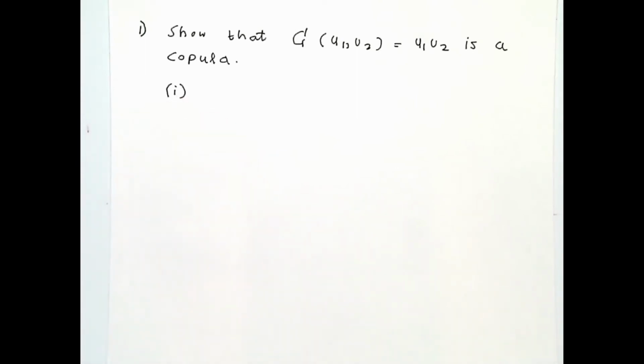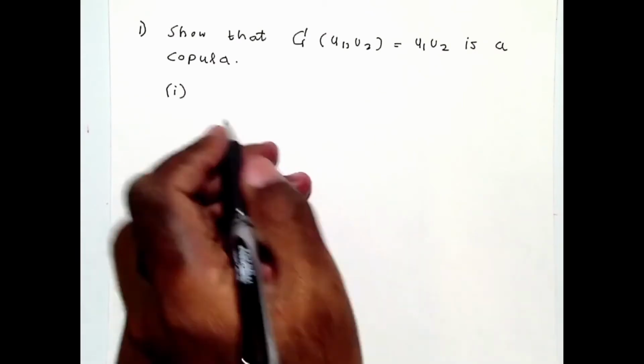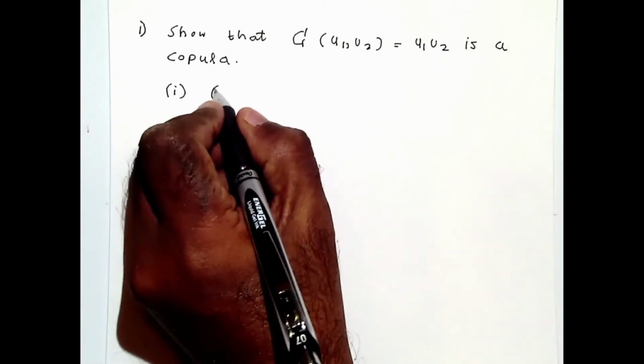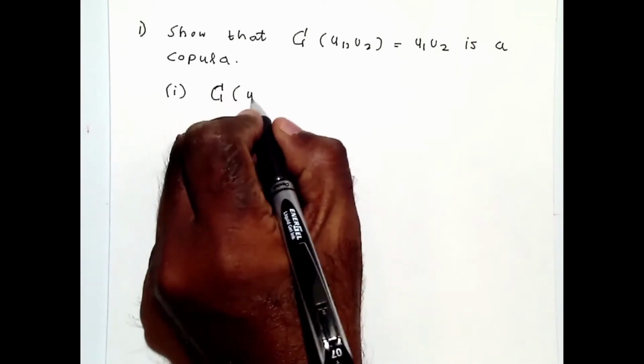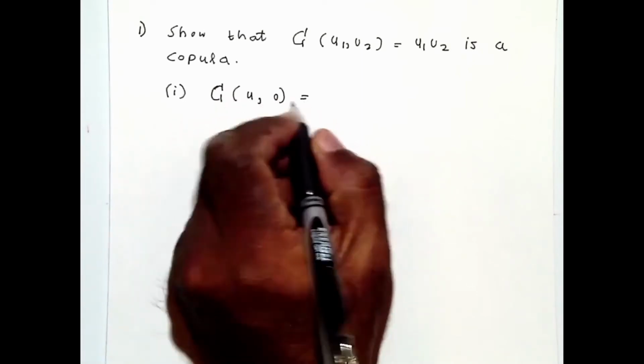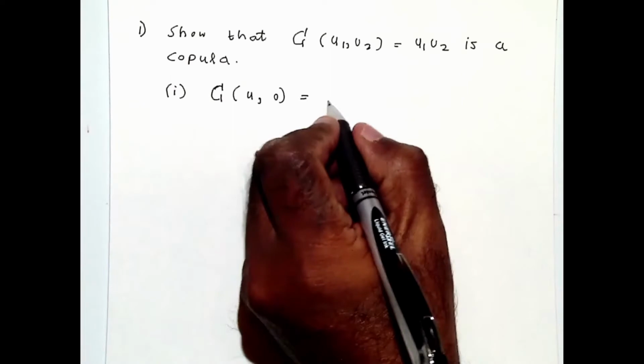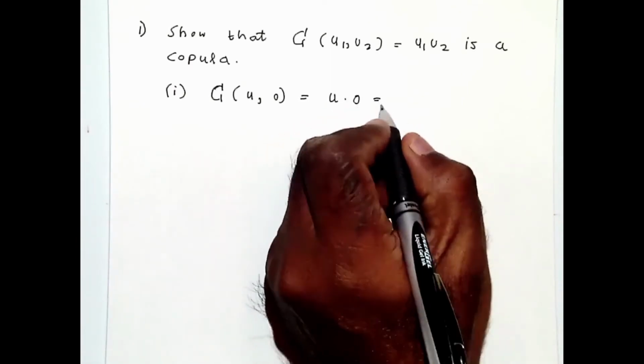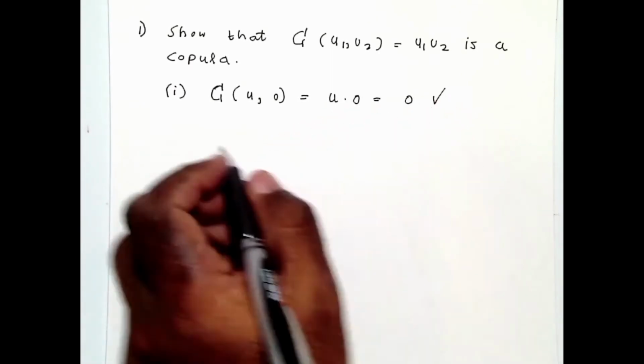Right. The first condition is that u comma 0, which is u times 0, which is equal to 0, so it's satisfied.